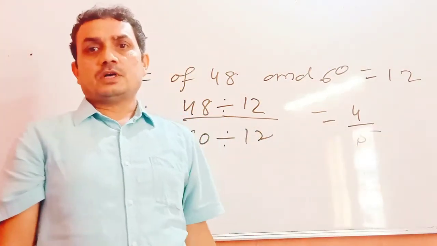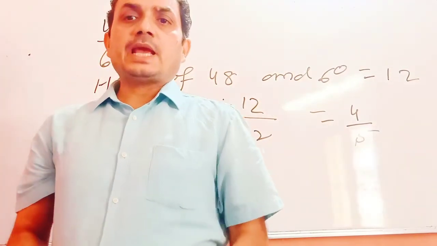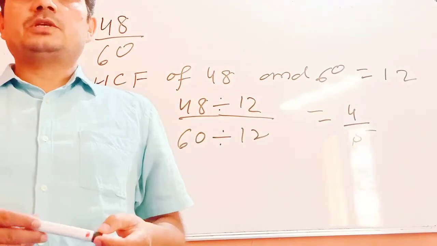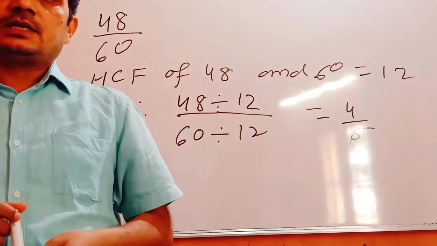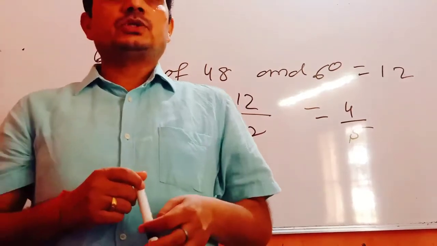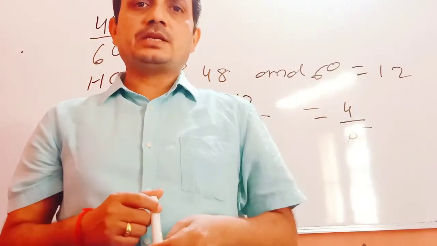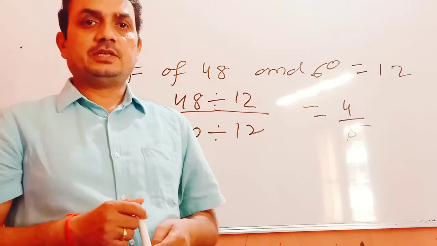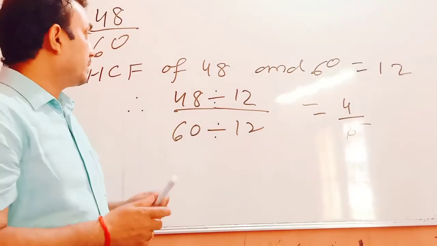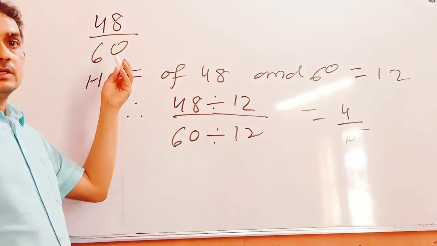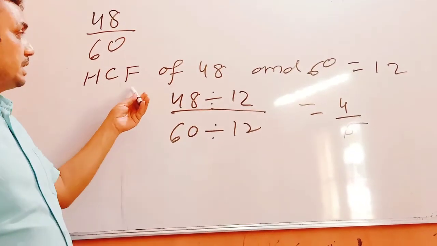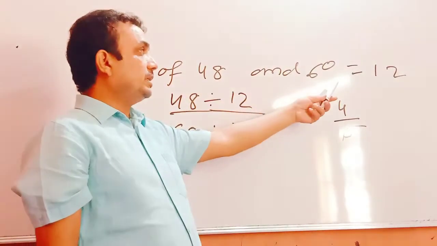Clear? First of all, find the HCF of both the terms, numerator and denominator, of the given fraction, then divide both terms by their HCF. So our fraction is 48 by 60. In this question we see that the HCF of 48 and 60 is 12.